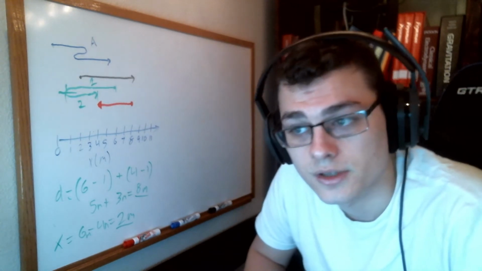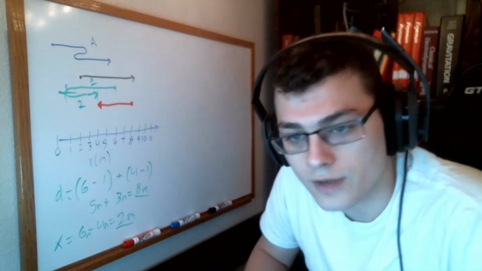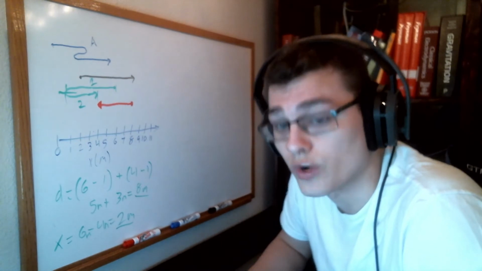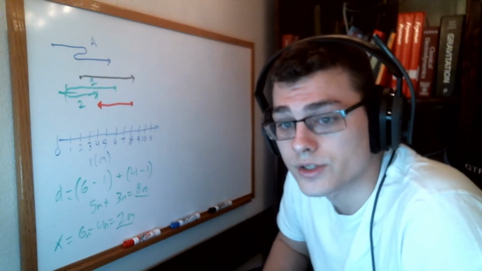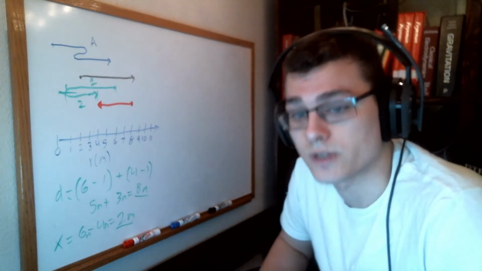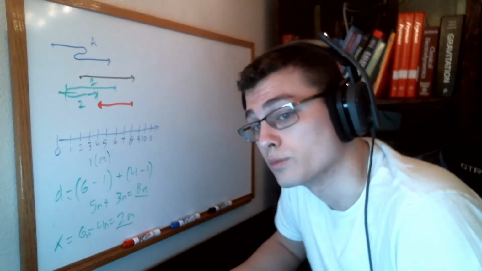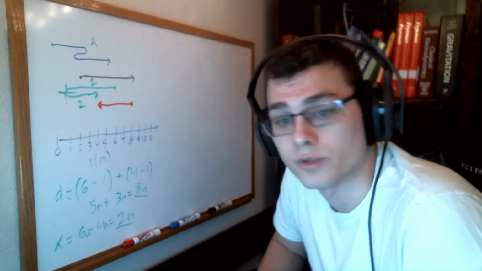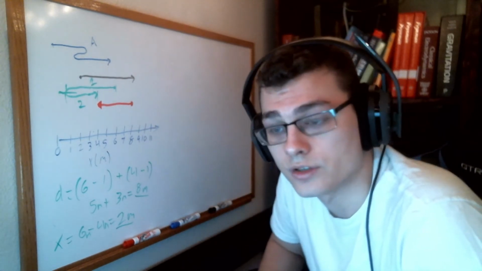In that case, you haven't gone anywhere. You might have run 4 or 5 miles, but you've actually not gone anywhere. So your displacement is 0, while your distance would be 4 or 5 miles, however long you decide to run.